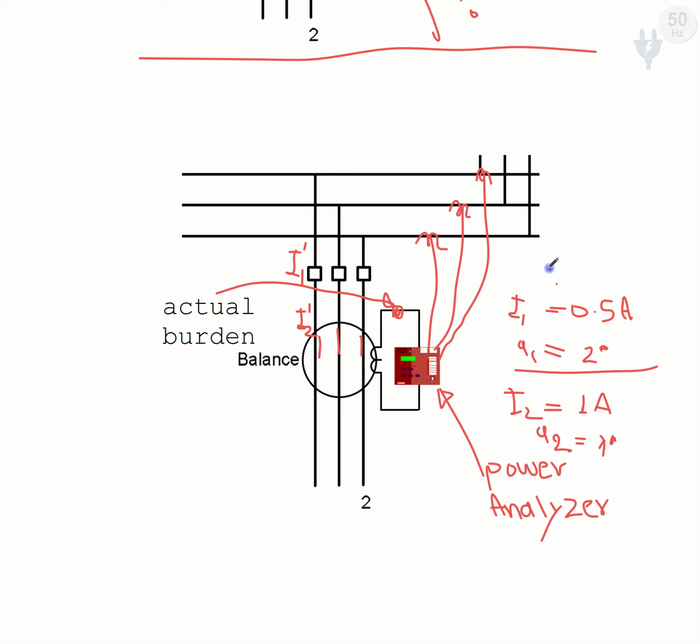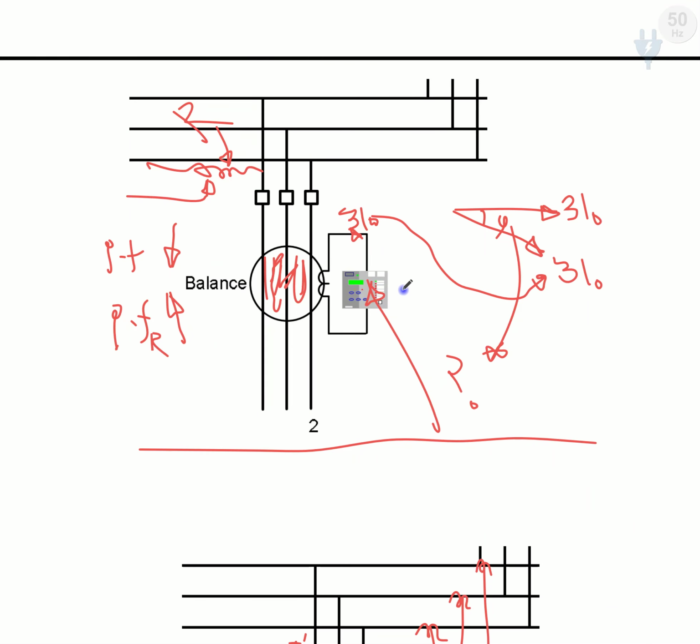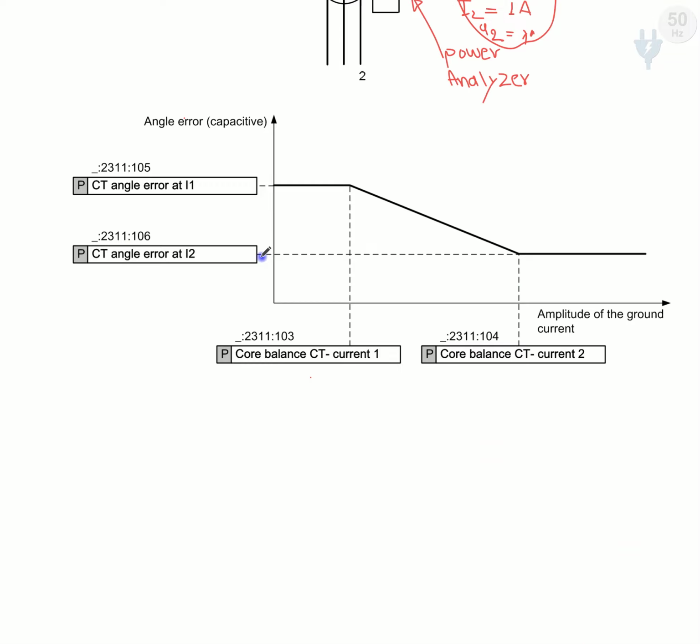Then we apply these values into our relay, and the relay will understand how much the deviation angle of this core balance current transformer should be compensated.